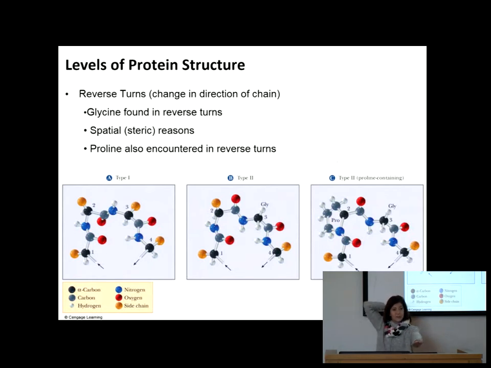Or if it's on the back of my neck, the R group's on the back there, it can be a big one. So glycine can be found in reverse turns because the R group for glycine is just hydrogen. So when it folds over, it's tiny. It can fit in there. Now, we also see proline in reverse turns. And then if there's a large R group on the outside of that turn, it can cause that turn as well.